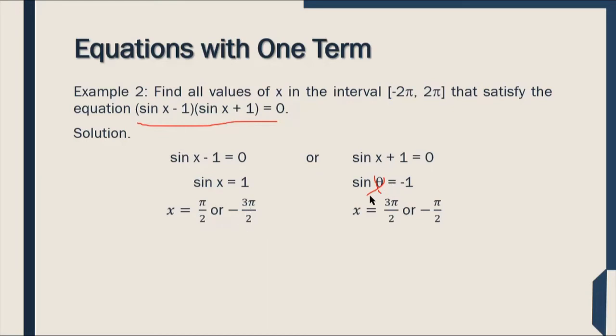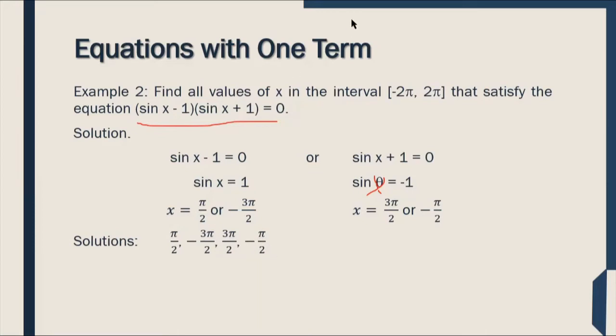At doon naman sa sin x equals negative 1, or arc sine negative 1, ay pwede ang value ng x ng 3 pi over 2 or negative pi over 2. So therefore, ang ating mga solutions, pi over 2, comma, negative 3 pi over 2, comma, positive 3 pi over 2, comma, and negative pi over 2.